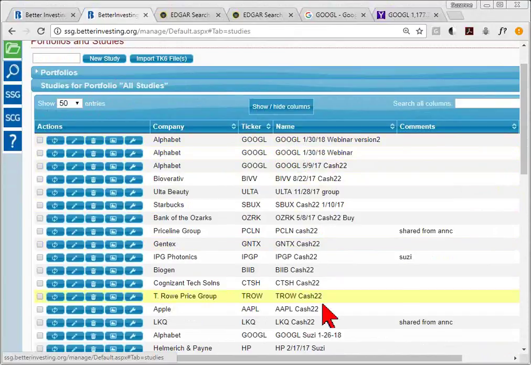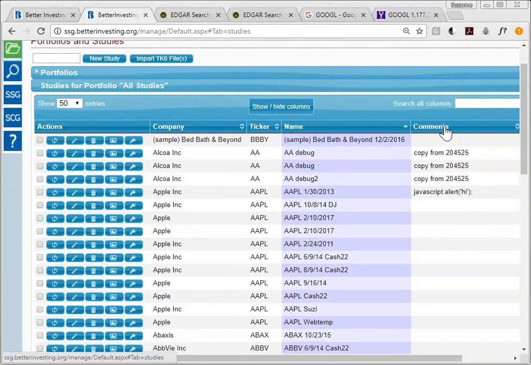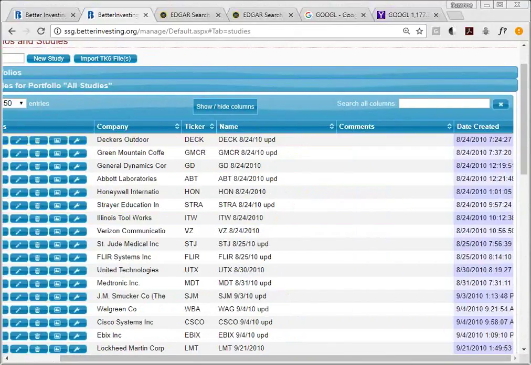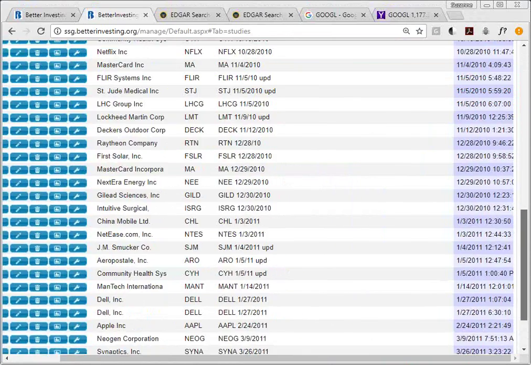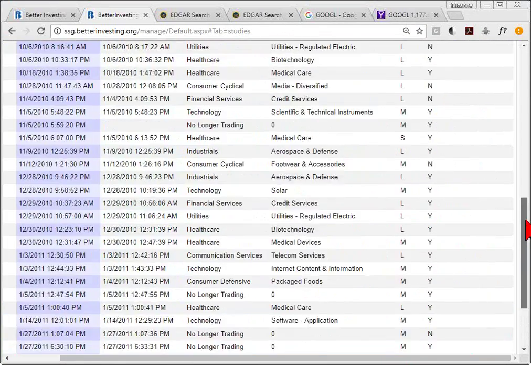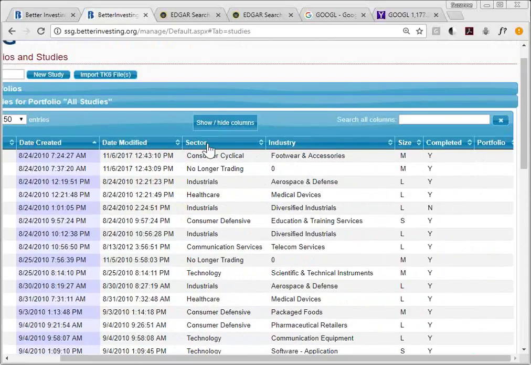And what I have is a list of everything in my account, its name, its ticker, and so forth. I can sort each of these lists by comments, by date created, by date modified, by many different things here in terms of industry, sector, the size, whether it's been completed or not, whether it's assigned to a portfolio or not.